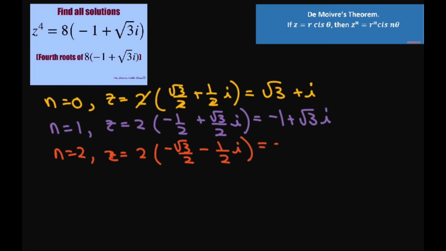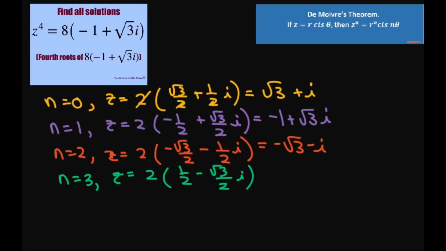This reduces to negative square root of 3 minus i. And for the last one, n equals 3, z equals 2 times (1/2 minus square root of 3 divided by 2 i). This is going to give you 1 minus square root of 3 times i. So all your solutions are z equals all of these right here.